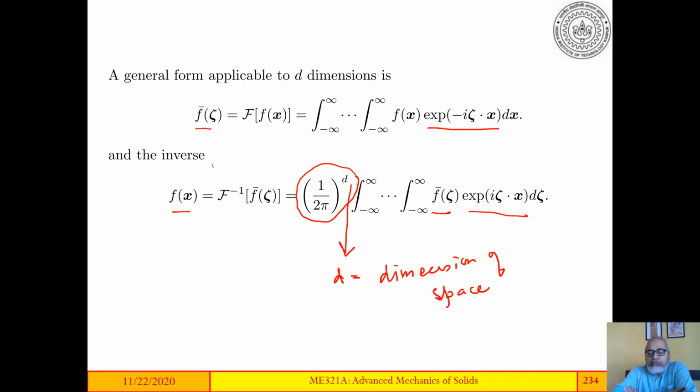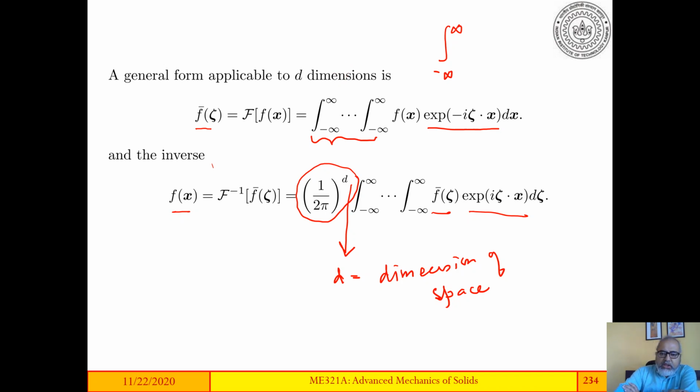Now, the other thing that I want you to notice, we will most of the time omit this long list of integral symbols. So even for multiple valued functions, we are going to just write this, and this will mean, according to the context, 1, 2, or 3 integrals, as the case may be.